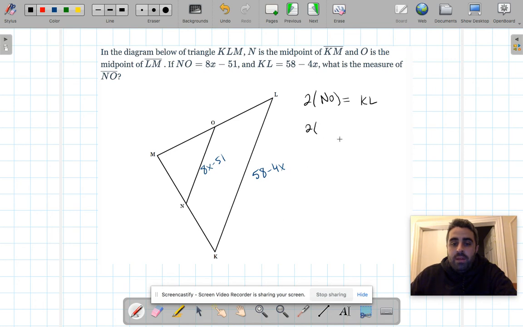So the length of NO is 8x minus 51, and KL we know is 58 minus 4x. So now I can use this equation to solve for x. So I'm going to distribute a 2 to both terms. So I get 16x minus 102.